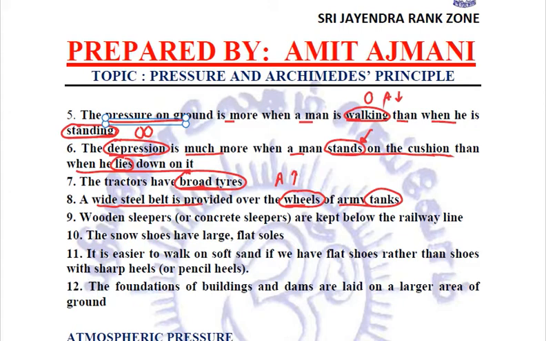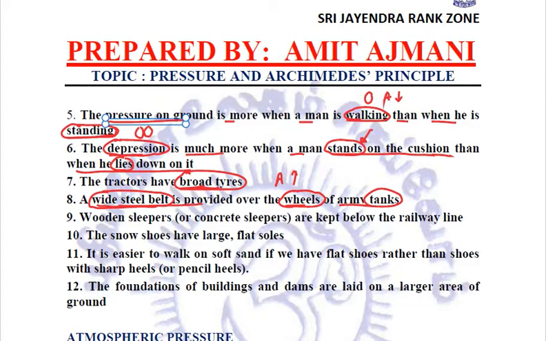So the pressure will be more. In order to decrease the pressure, this wide steel belt is provided, which is very wide, because of which the whole of the pressure is disseminated in that particular area. This wide steel belt provides a large area and hence decreases the pressure.